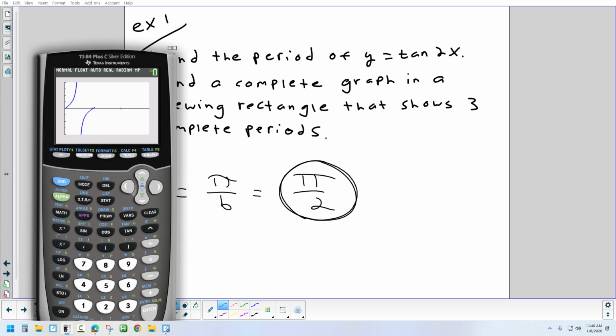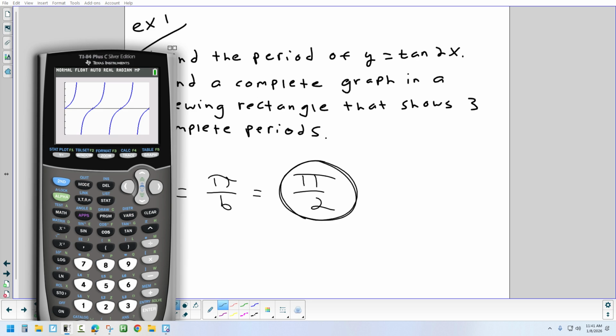Well, that's a half a cycle. That's a whole cycle. That's a whole cycle. And that's a half cycle. So did we show 3 cycles there? Yeah, we broke one into halves. That's okay though. We've got a whole, half.